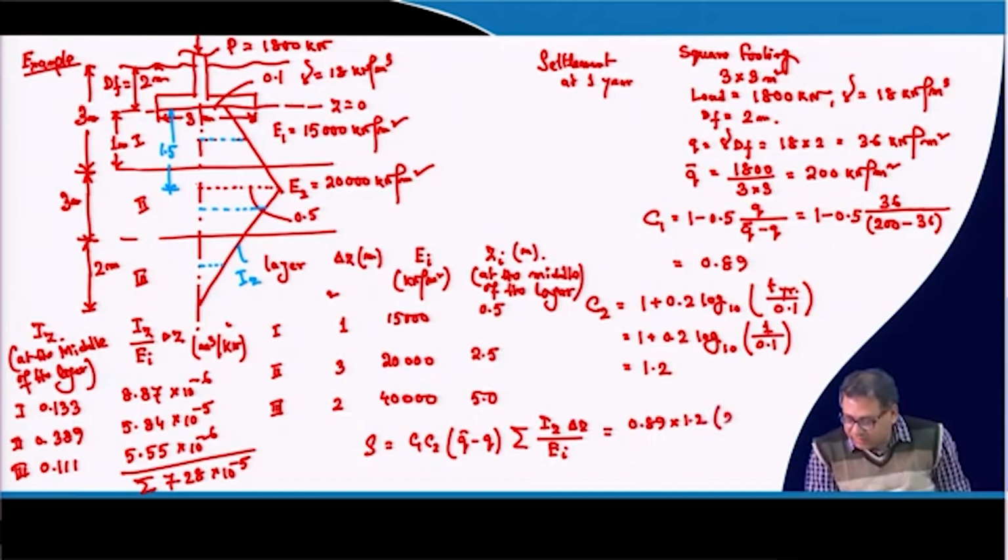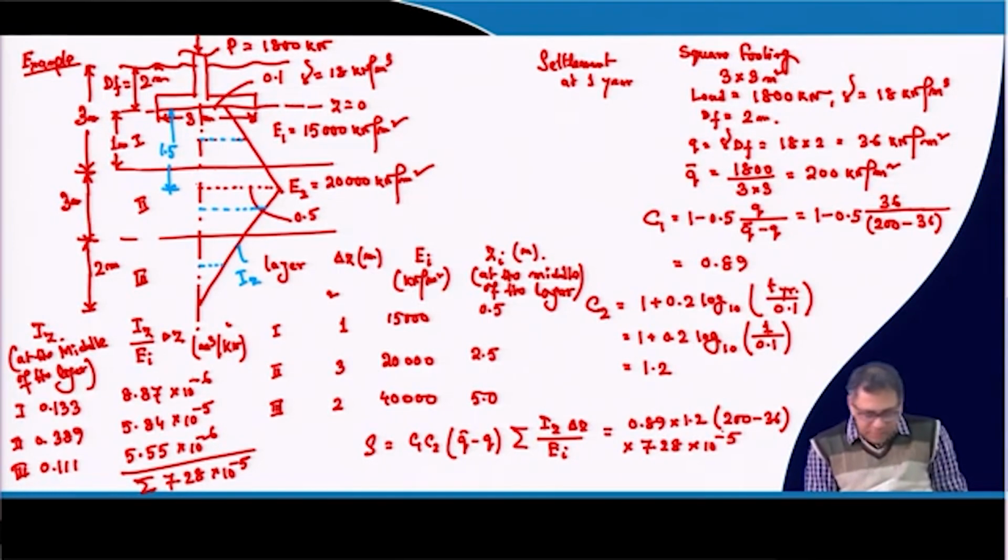Now q bar is 200 minus 36, into 7.28 into 10 to the power minus 5. So this settlement comes to 12.75 millimeter after 1 year.